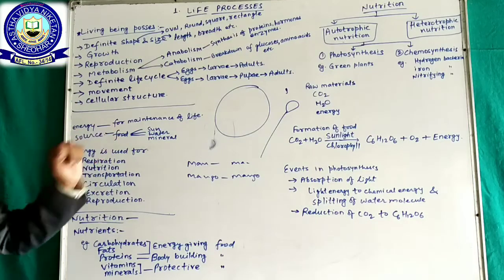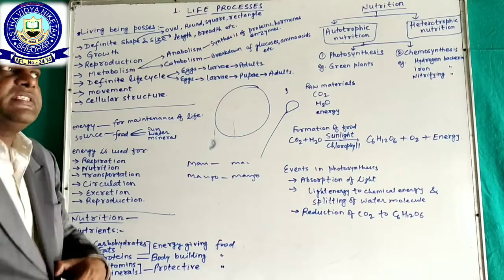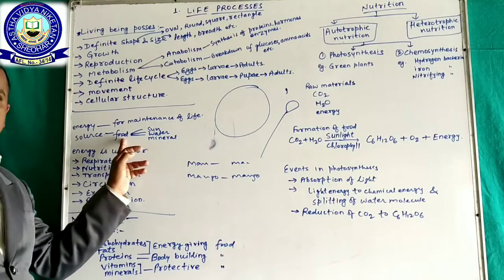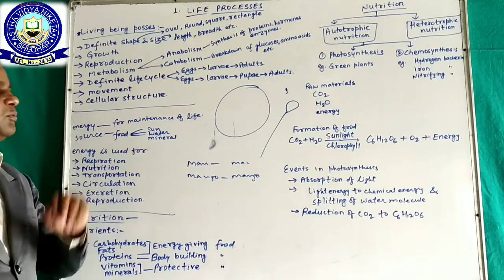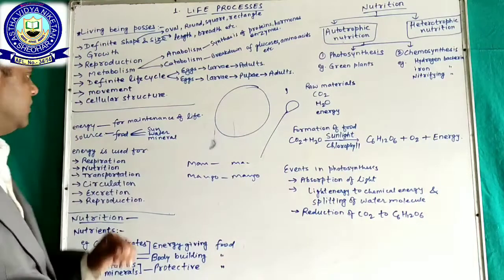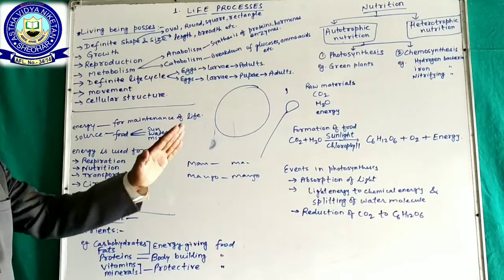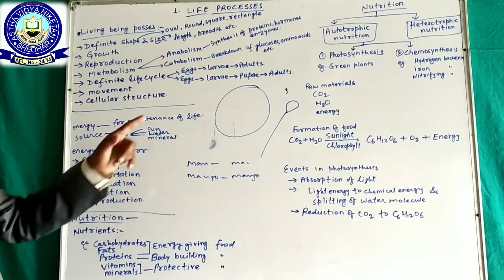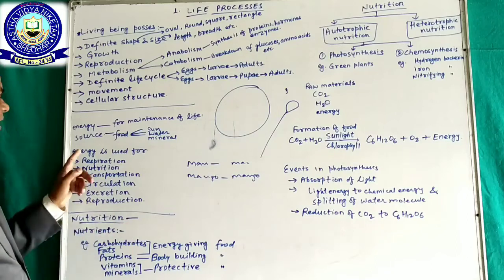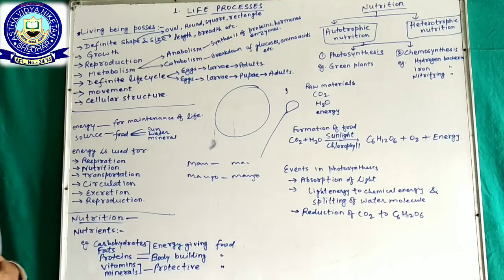The source of energy means food. Only food is the source of energy, and that food is synthesized during photosynthesis. We will discuss later in detail about photosynthesis, where energy is used.